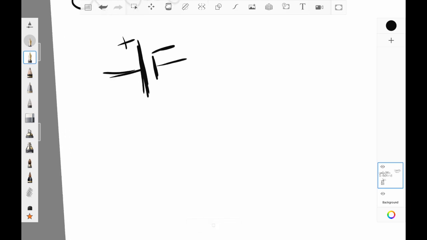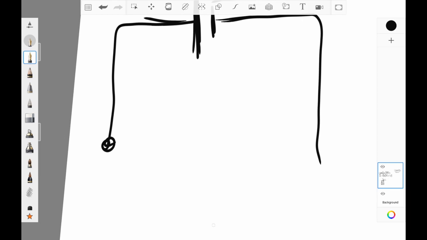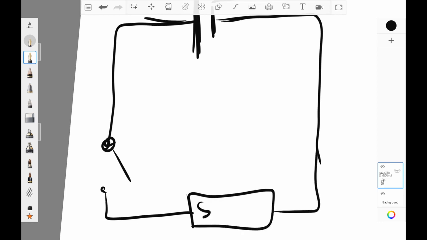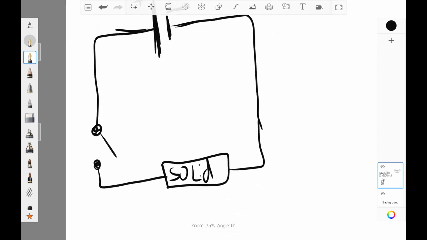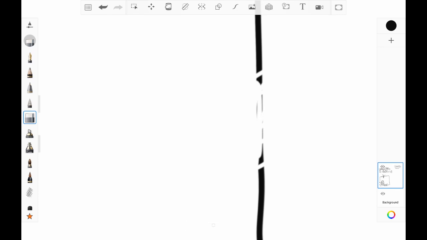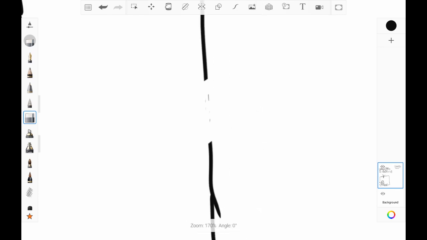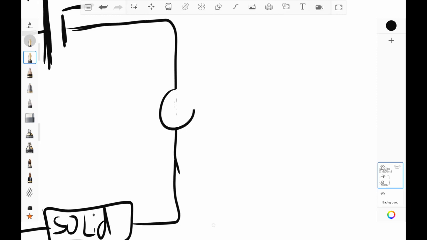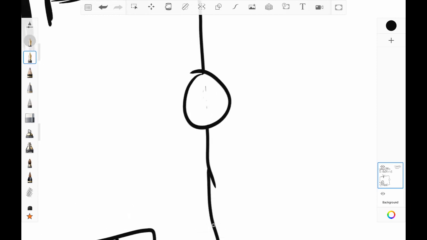So I've already drawn a cell here. Let's just use this to draw the circuit. I can have a switch here, and this is my solid. If my material is a conductor, it's going to do two things.